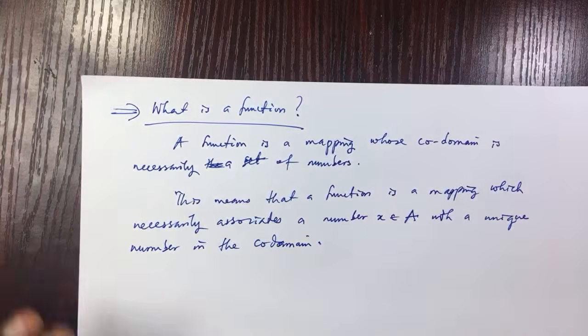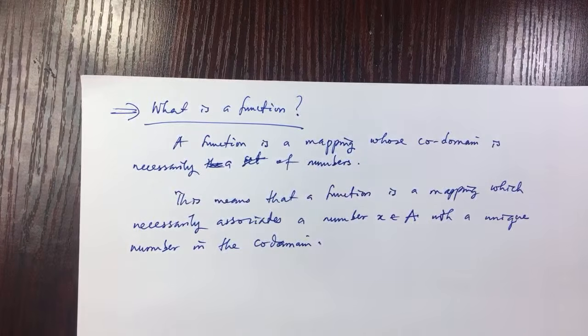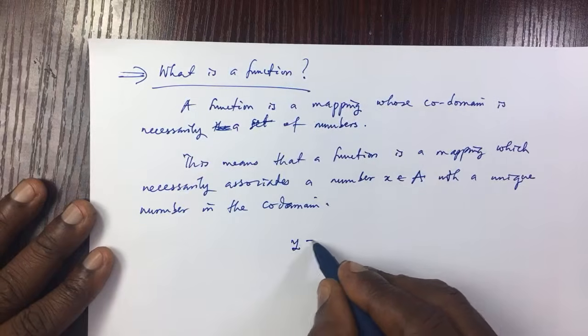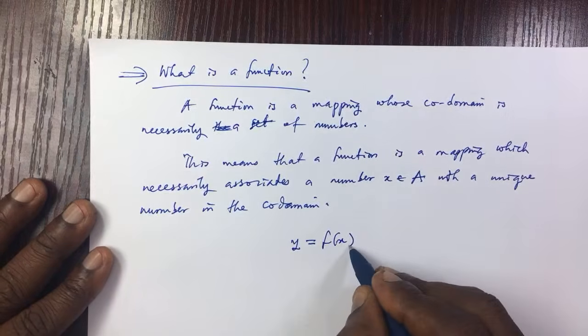Okay? So when a mapping starts associating numbers in the domain with unique numbers in the codomain, then that mapping can be called a function. Okay? So we usually would represent a function with this notation we had used earlier.